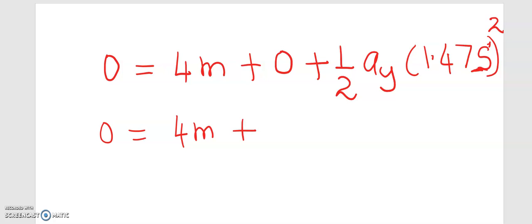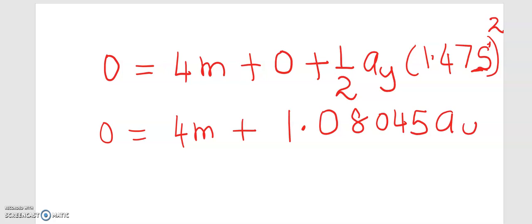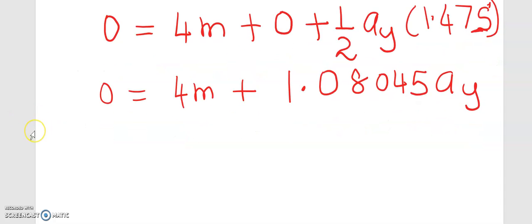If you take 1.47 and square it, you get 2.1609, and if you divide it by 2, you will get 1.08045 a_y.